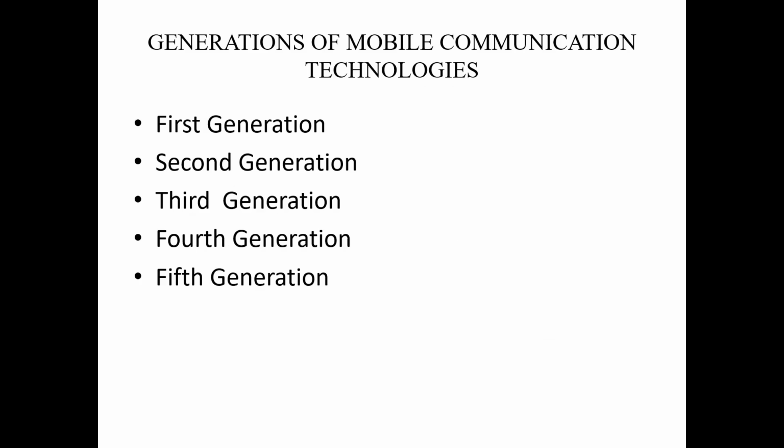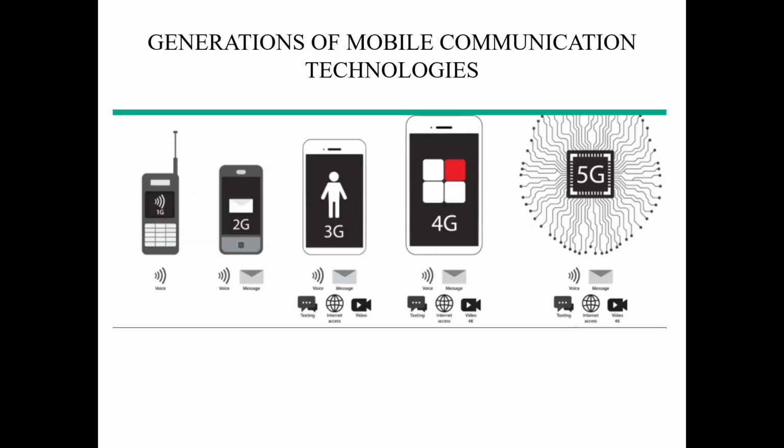So next topic is about generations of mobile communication technologies. First generation, second generation, third, fourth, and the fifth. So this is how the generations of mobile communication technologies developed. In first generation only voice communications were introduced, and in second generation, over the voice, we have text messages introduced, and in 3G we have voice, messaging, texting, internet access and video streaming established, and in 4G also we have voice, messaging, texting, internet access and video.